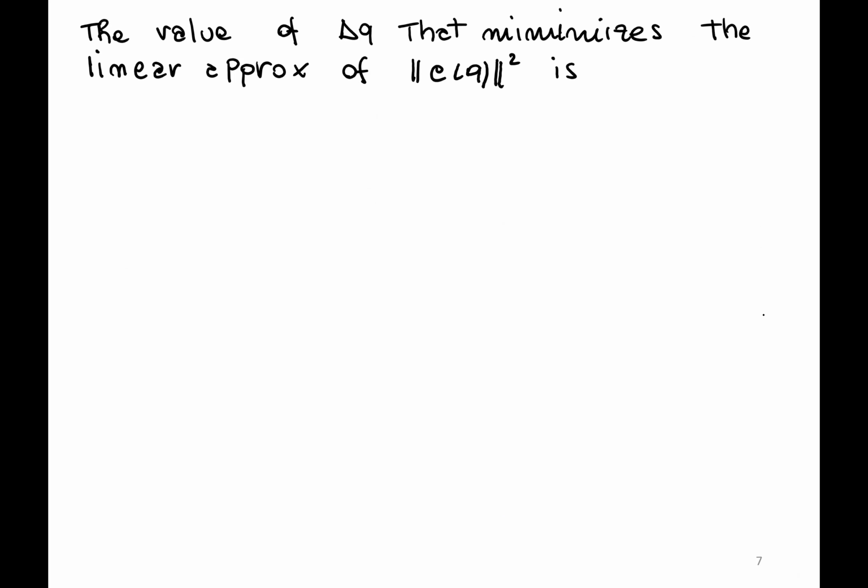The value of delta Q that minimizes the linear approximation is the one that sets this to 0, where the partial derivative is for the quadratic term. You think about what you do for a parabola, no? The derivative is 2x.